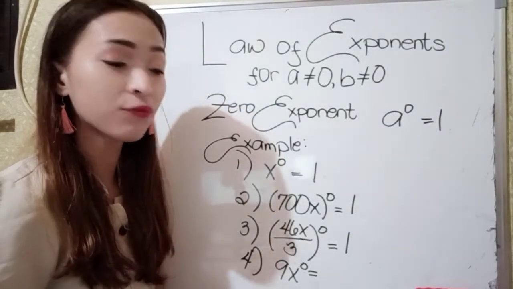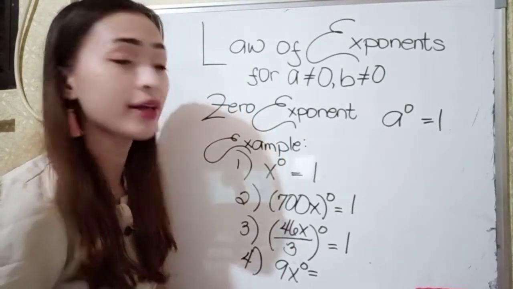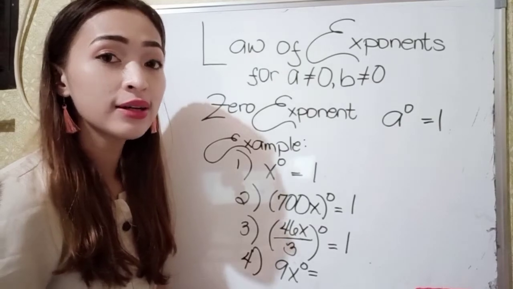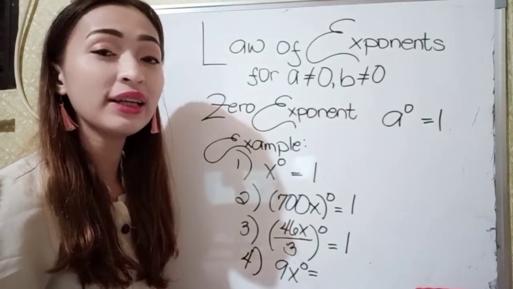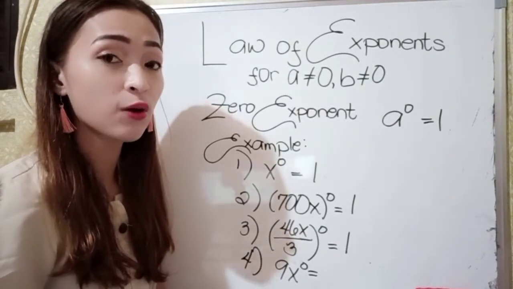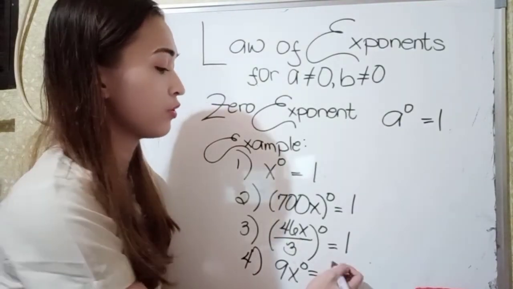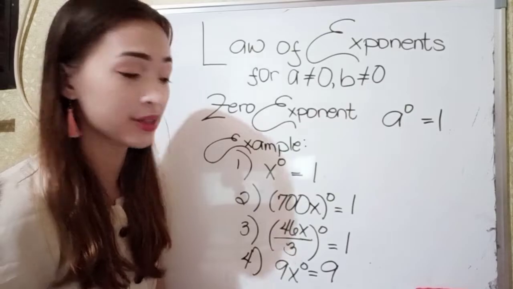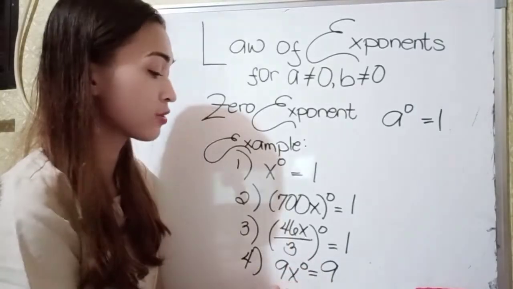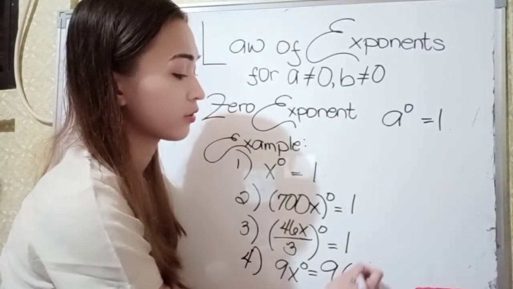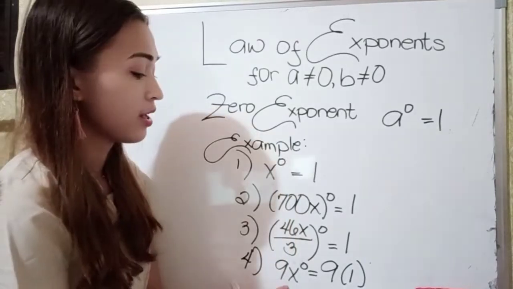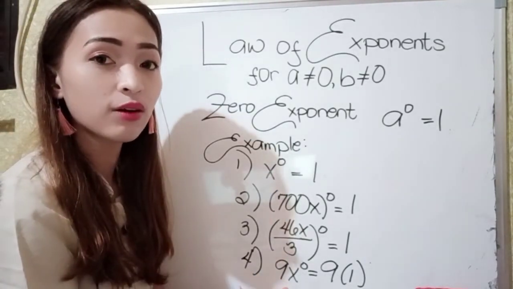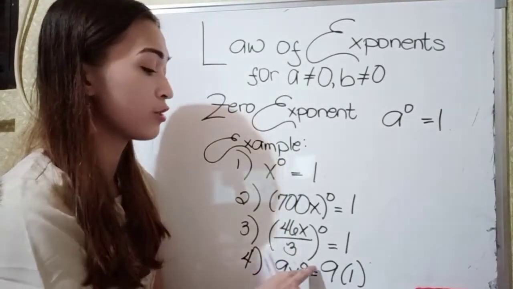But in number 4, we have 9x raised to 0. Since only x is raised to 0, we're just going to apply the 0 exponent to x. So x raised to 0 is 1, because the x is the only one that is raised to 0.